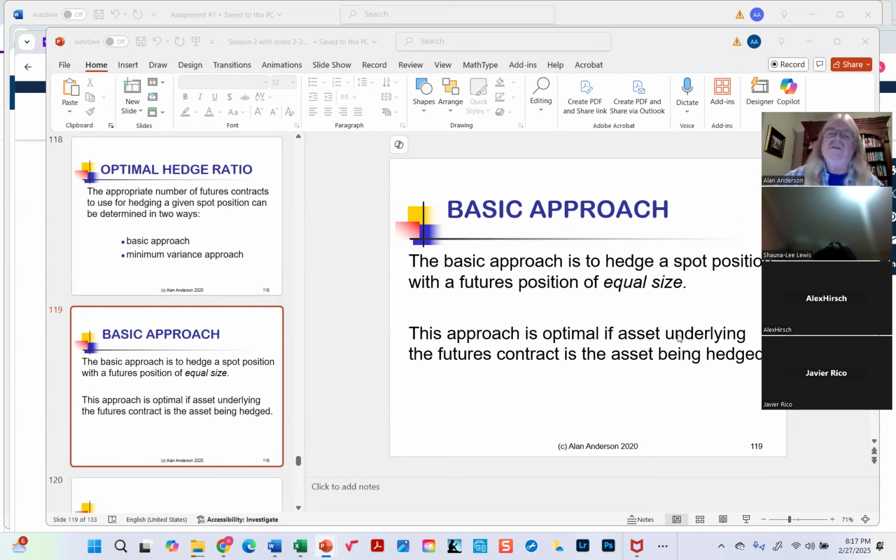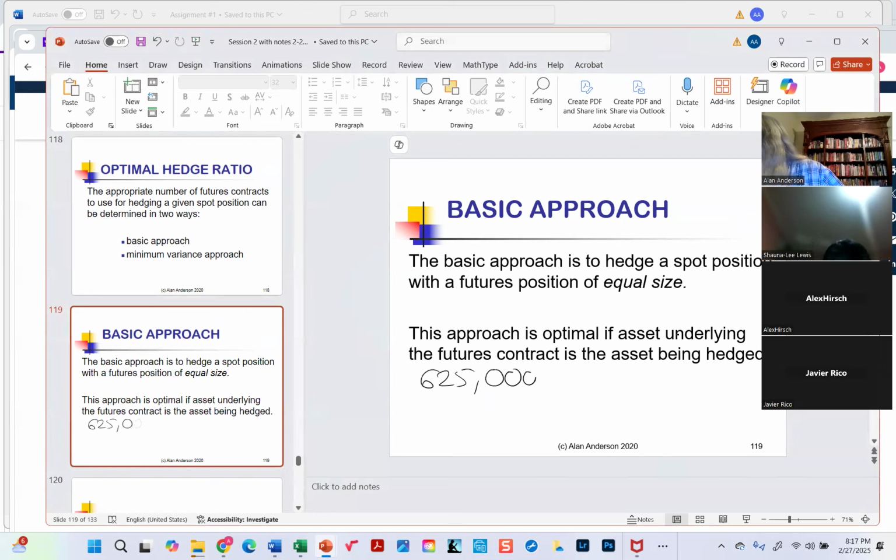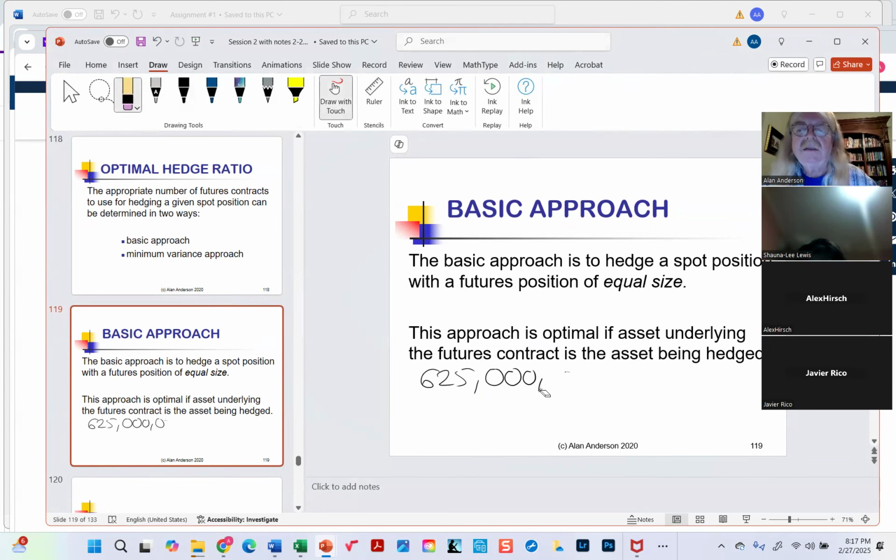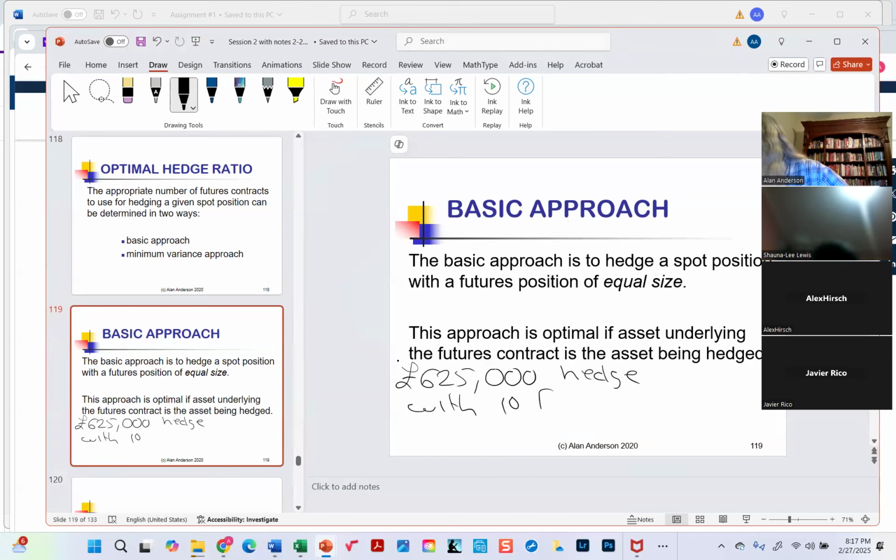Okay, in other words, if you are trying to hedge a position of, let's say, 625,000 British pounds, now, this is, of course, a very simple example, then you can hedge that with 10 futures contracts, because each one is worth 62,500.